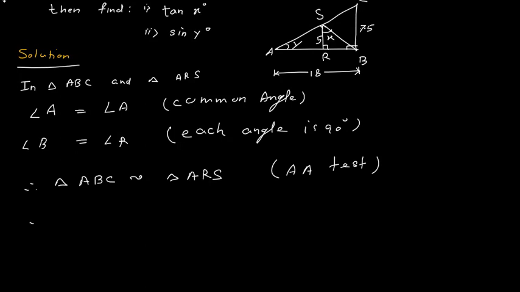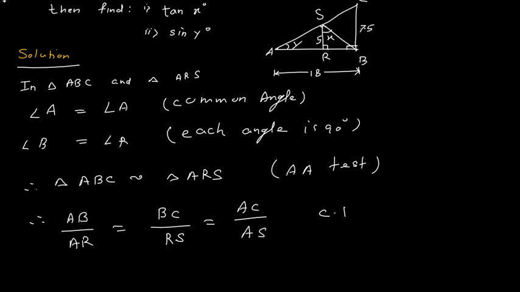Therefore AB upon AR is equal to BC upon RS, which is equal to AC upon AS. These are corresponding parts of similar triangles.